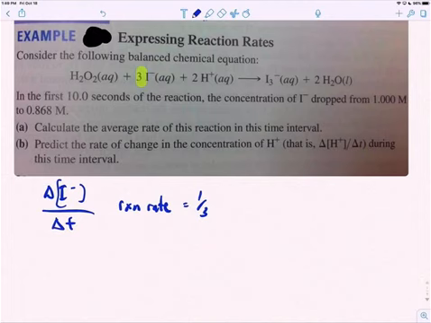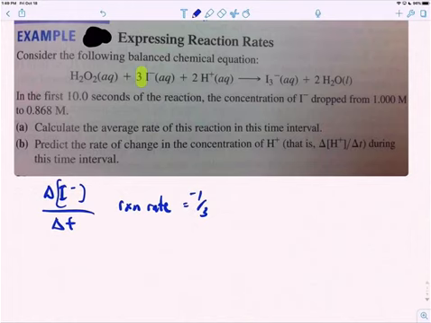For every unit this reaction is going forward, iodide is going at 3 times that rate. So you have to put a 1/3 there. In which direction is it going? The reaction rate is going forward. Iodide is disappearing, so put a minus there for the disappearance of the iodide.